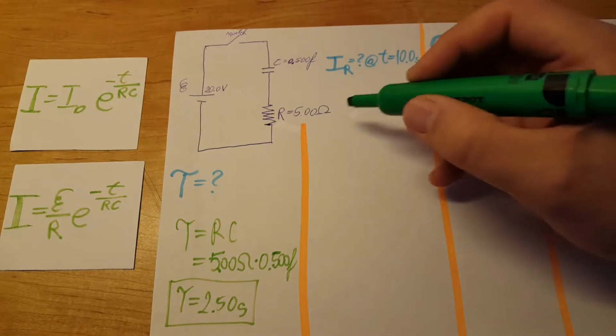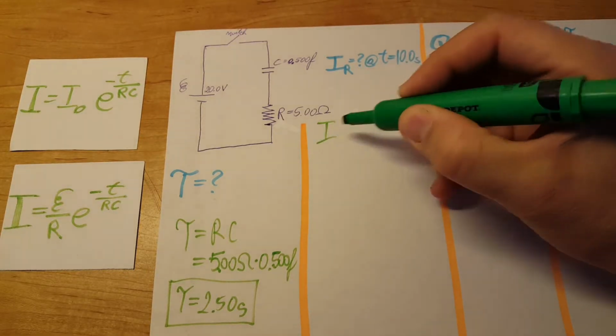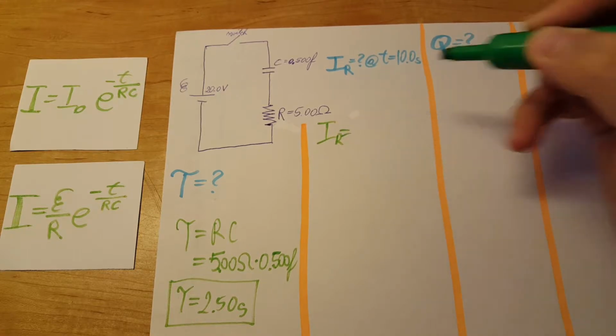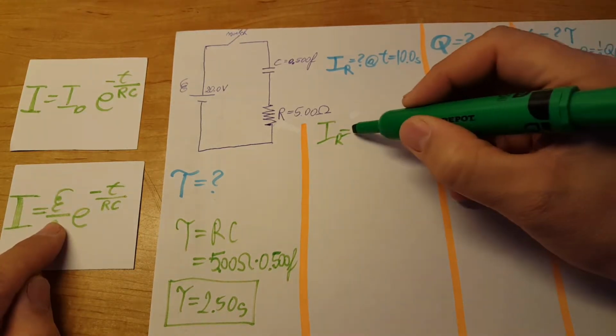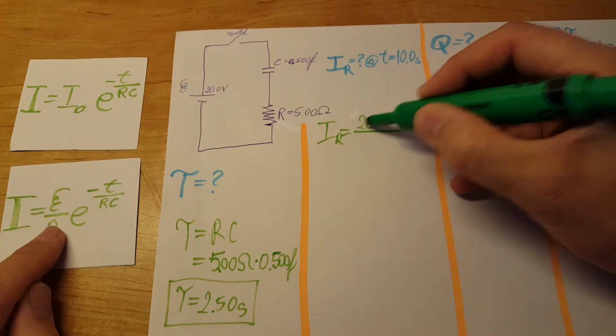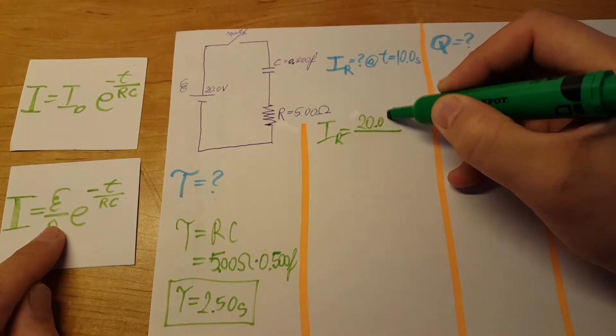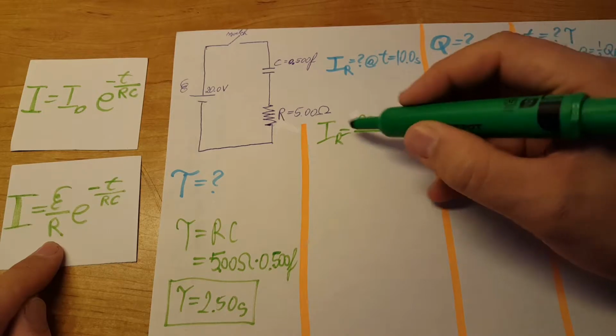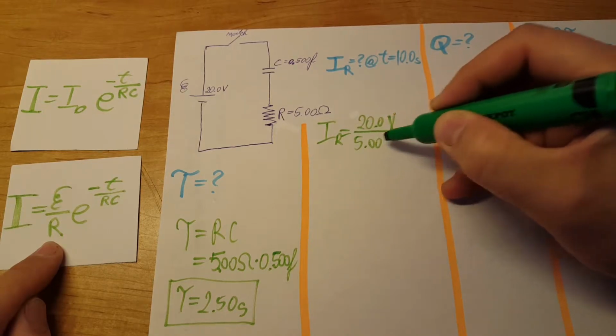So let's write down I_R equals, our EMF is 20 volts, our R is 5.00 ohms.